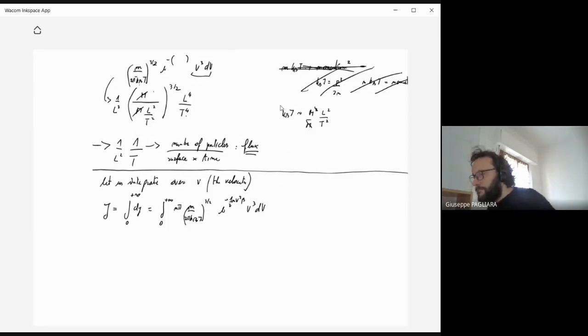Okay, equal. Let me put outside all the numbers that do not depend on the velocity.